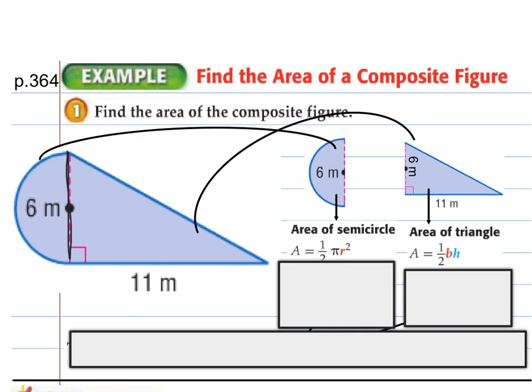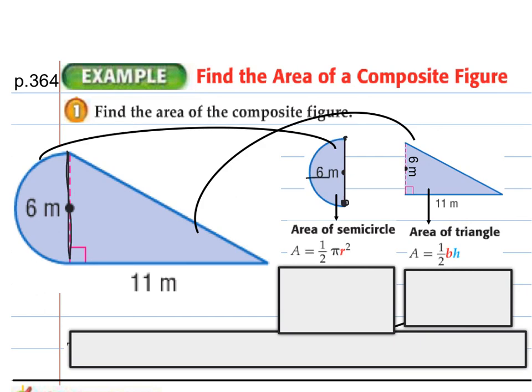So, to find the area of a semicircle, we know that area equals 1/2 pi r squared. R is the radius, but looking at what we're given, it looks like 6 is the diameter, because both of the endpoints are on the circle and it goes through the center.